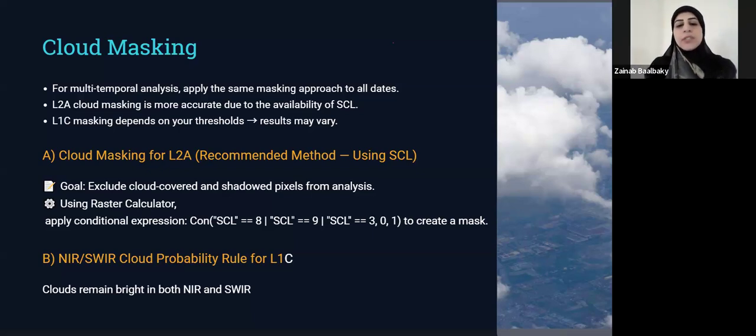Clouds remain bright in both near infrared and SWIR, while the rule assumes non-cloud features, which are soil, vegetation, and water, become darker in SWIR.